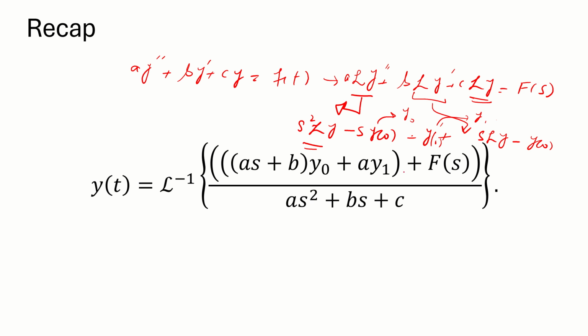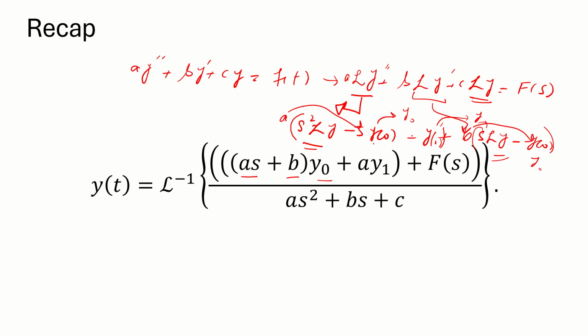So using all these notations, we'll have a s square plus b s Laplace of y, and similarly a y1 and b y naught. We have combined the coefficients of y naught here.